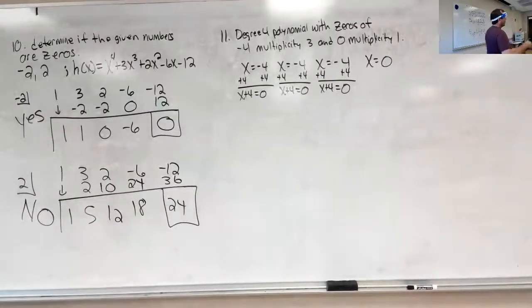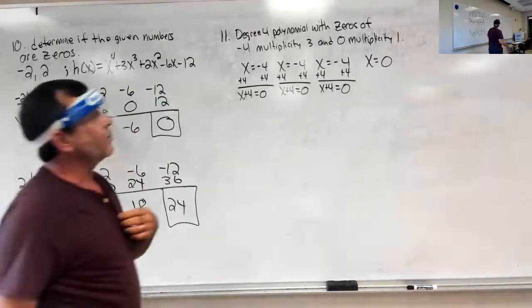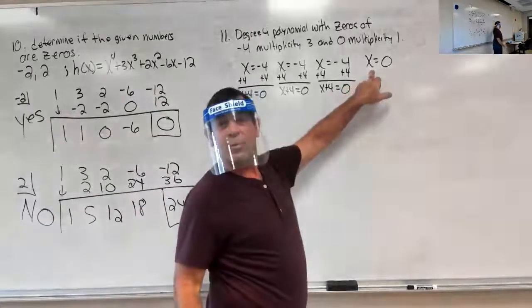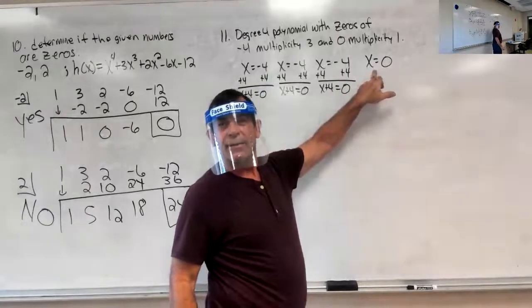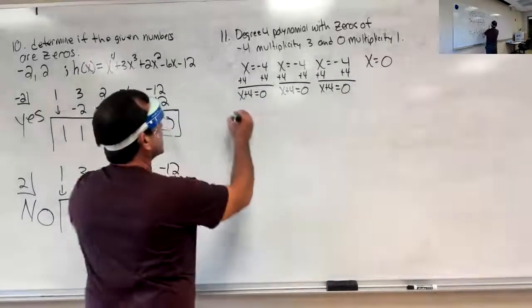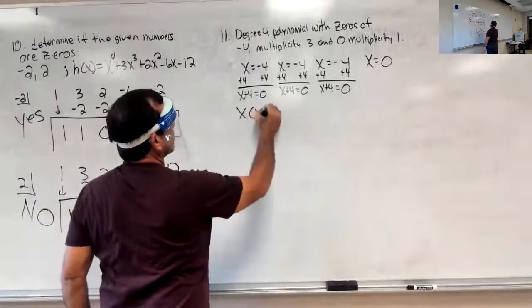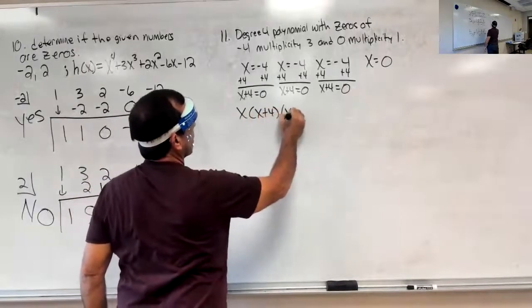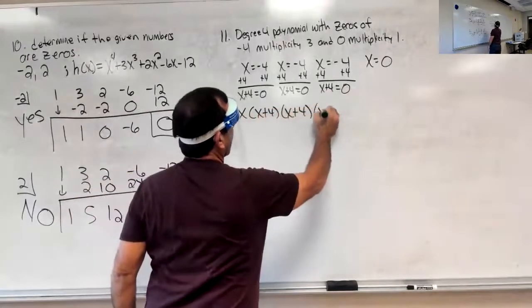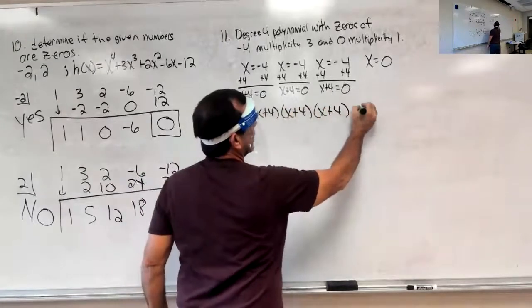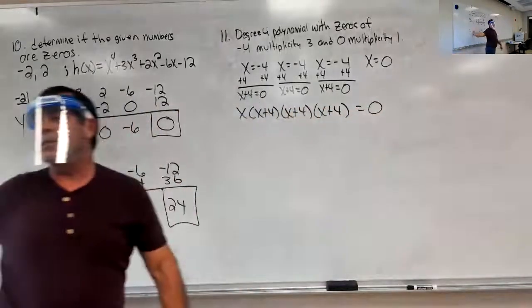Now, you're going to put all these in parentheses and get ready to FOIL. Now, I'm going to tell you a trick on this. The single x is going to be in the front of mine. So I'm going to bring down my single x, and then I'll have x plus 4 3 times. And technically, it could all still be equal to 0.